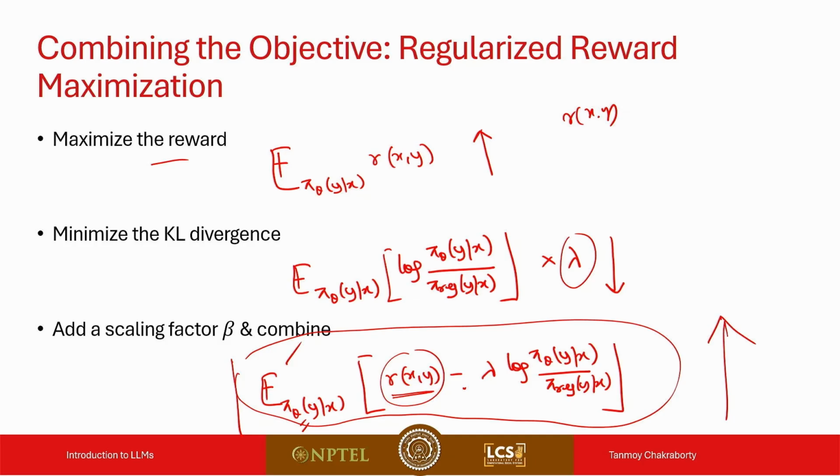We'll say that this is my reward model, this is my KL divergence part, and this is the combination of this. This is my objective function, and from now, how essentially we can use this objective function to update the policy model. Okay, thank you.